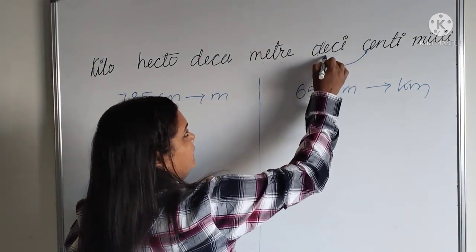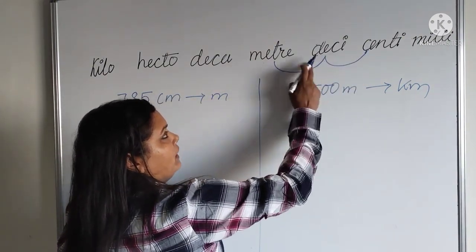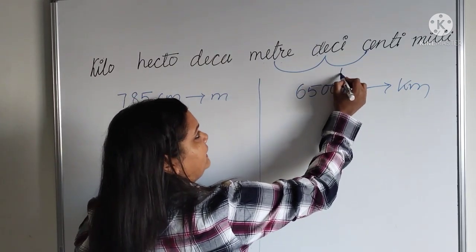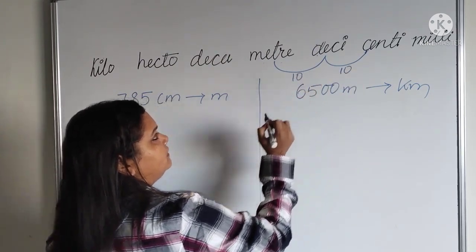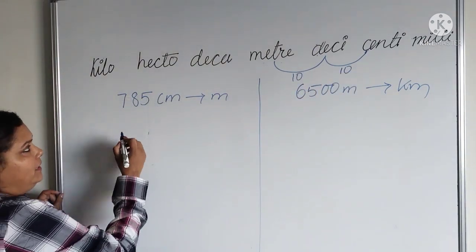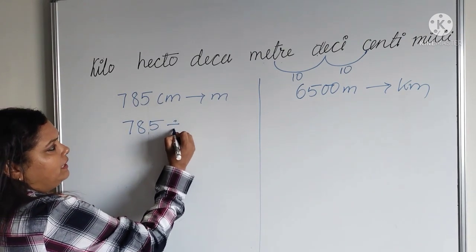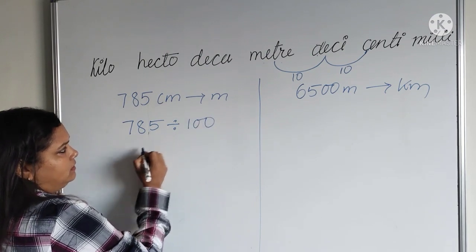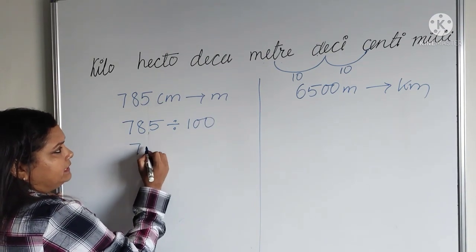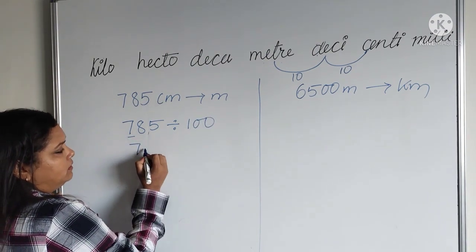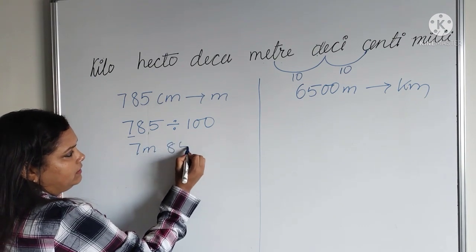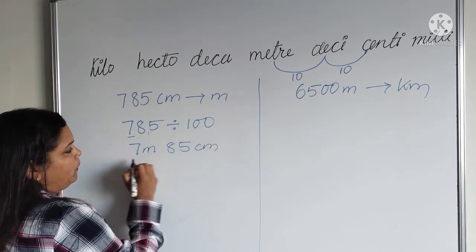Now how many times you need to move? 1 and 2, and each gap is of 10. So you need to divide by 100. 785 divided by 100. So it will be 7 meter and 85 centimeter.